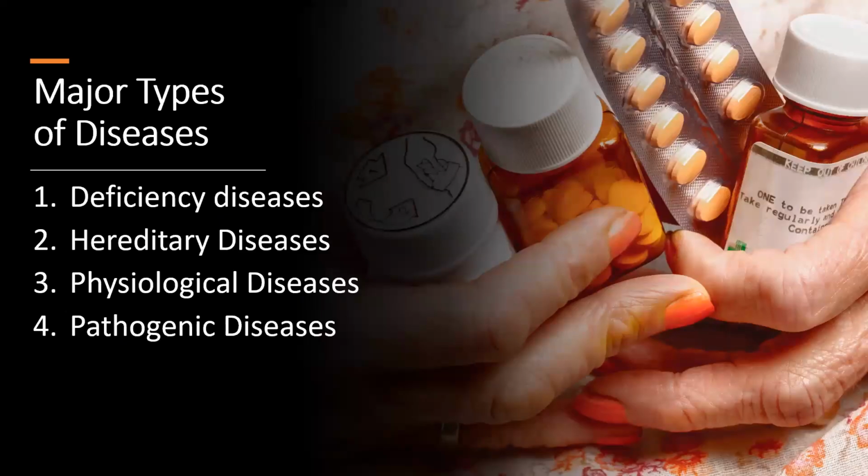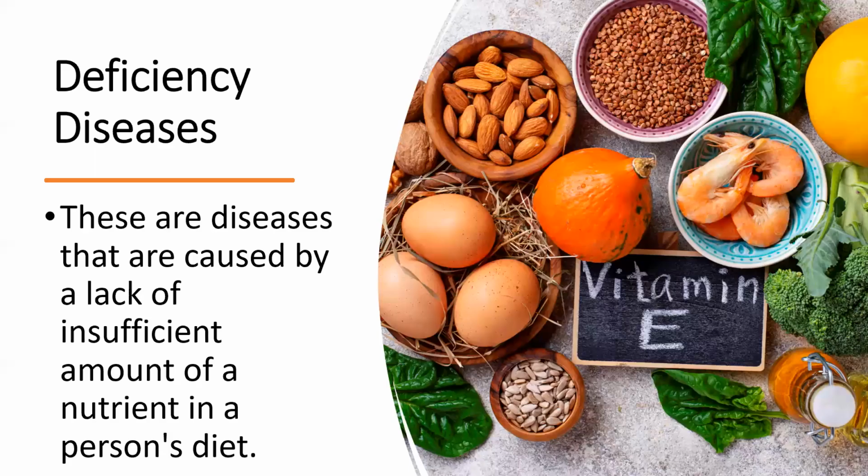The major types of diseases we talked about: deficiency diseases, hereditary diseases, physiological diseases, and pathogenic diseases. We have done deficiency diseases so far, and we are on pathogenic diseases. Then we'll move on to hereditary and then physiological diseases. But let's go over our deficiency diseases.